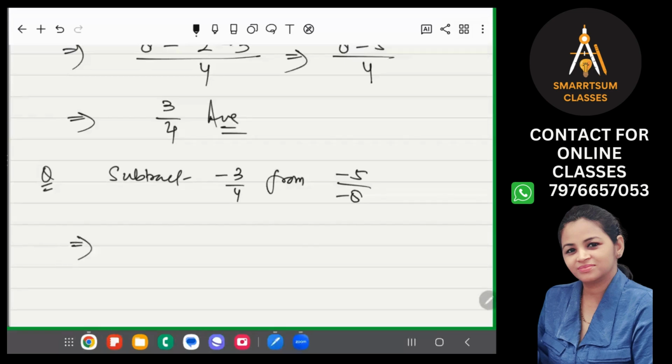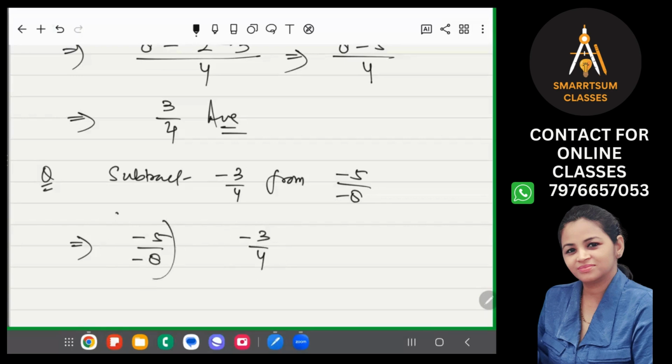So first write down in the mathematical expression form. We have to subtract the first rational number from the second one. So we will first write down the second rational number, minus 5 by minus 8, and minus 3 by 4, right? So we have to subtract this from this.